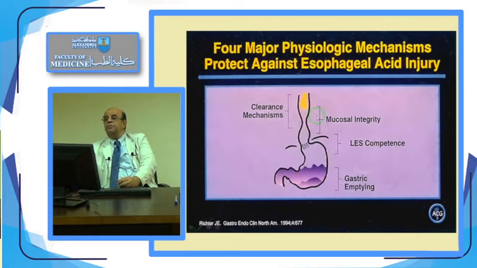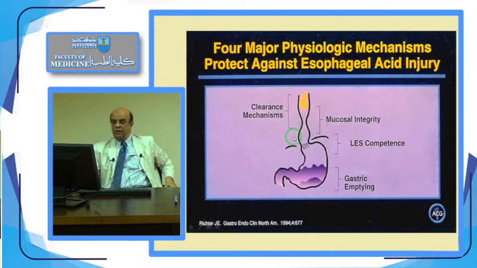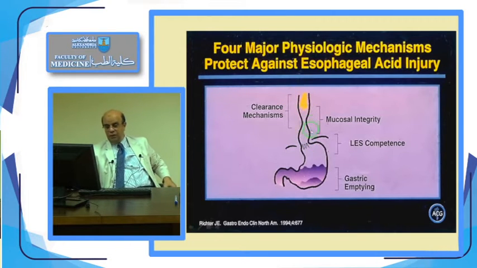One of the important mechanisms that protect against esophageal acid injury is the clearance mechanism. Clearance means that there is peristaltic activity in the esophagus, and once there is a refluxate of food, fluid or gastric contents in the lower esophagus, this triggers peristaltic activity that pushes the refluxate back into the stomach.